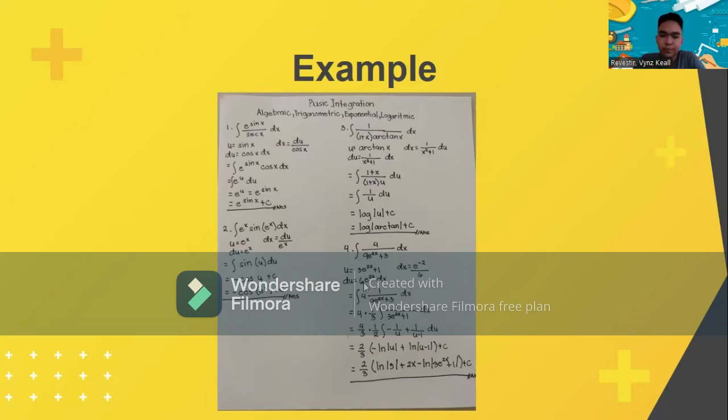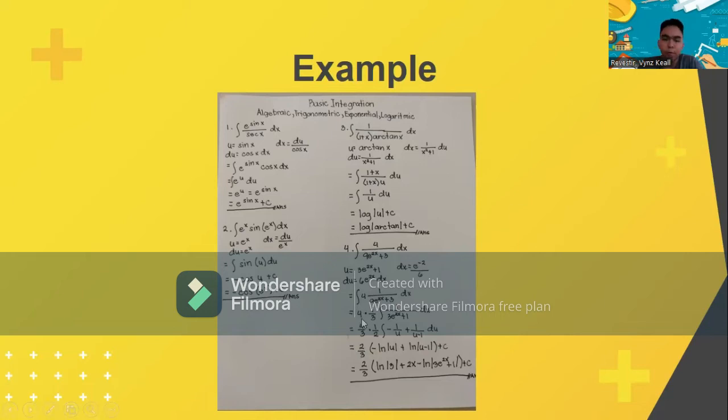Now we solve. The integral of 4 times 1 over 9e raised to 2x plus 3 dx. The constant 4 will be put out, and the 1/3 will be put out also. We're going to factor out 9e raised to 2x plus 3.